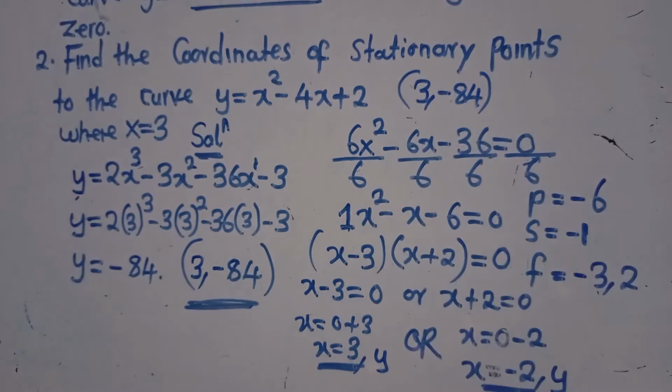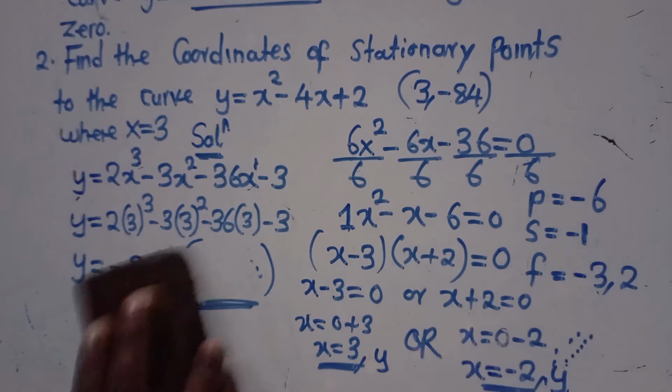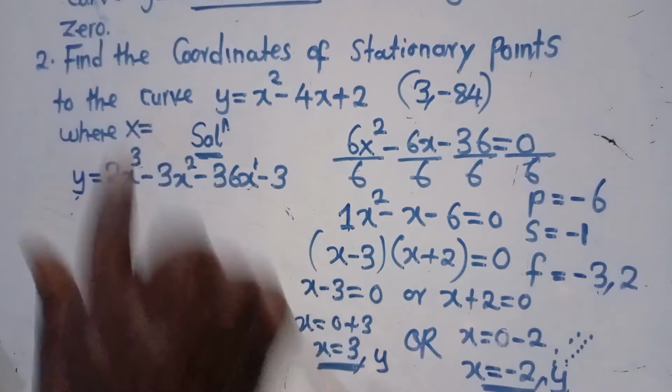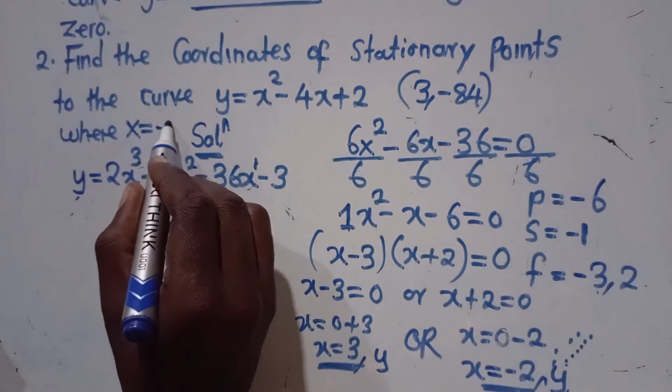I find another coordinate where x is negative 2, so that I find the value of y that is there. We are just doing the same thing here, so make sure you are writing this down.